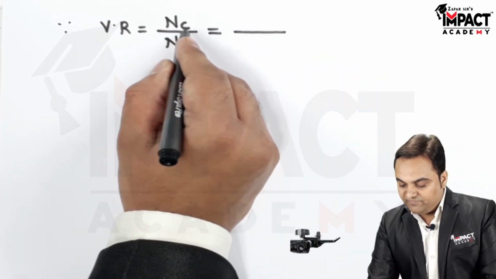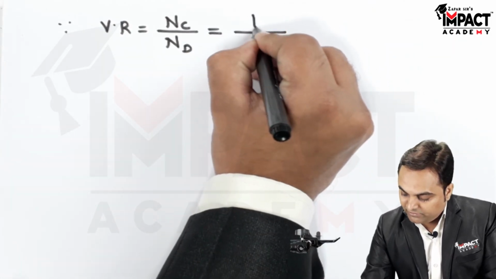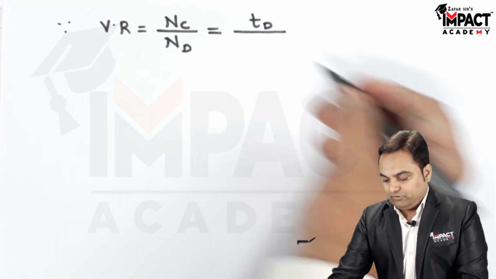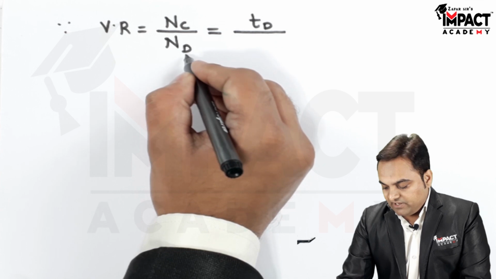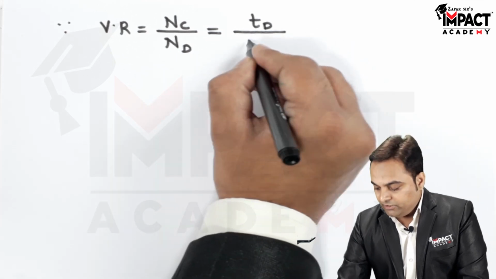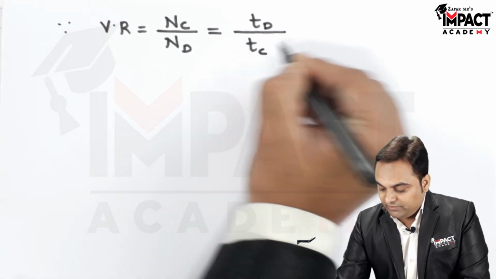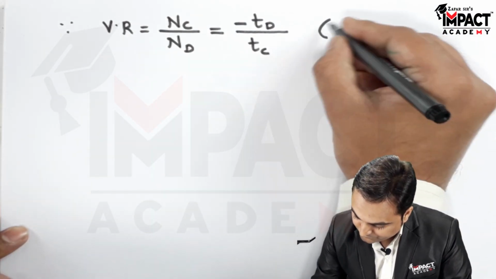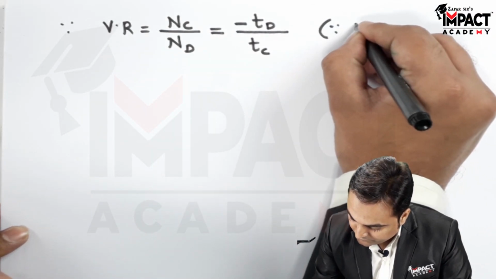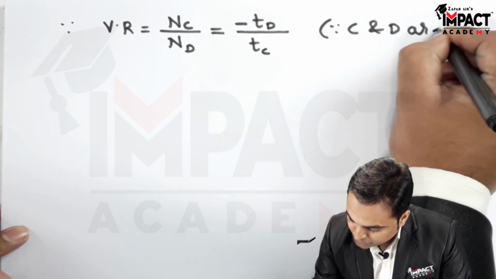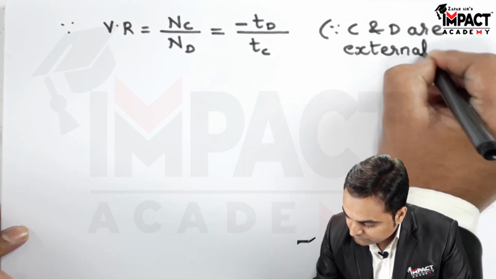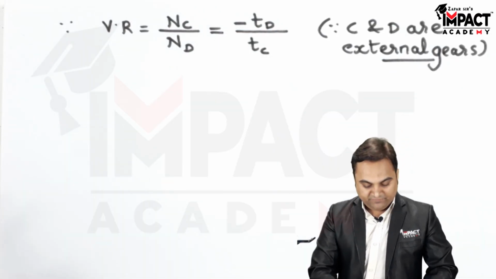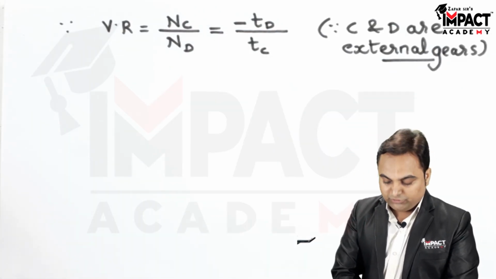So here if we have NC, in the numerator we are going to have TD, that is the number of teeth on wheel D. Similarly, if we have ND, the speed of gear D, then the number of teeth for gear C, and a negative sign, since C and D are external gears. That is why we have a negative sign here, because the direction of rotation is opposite.